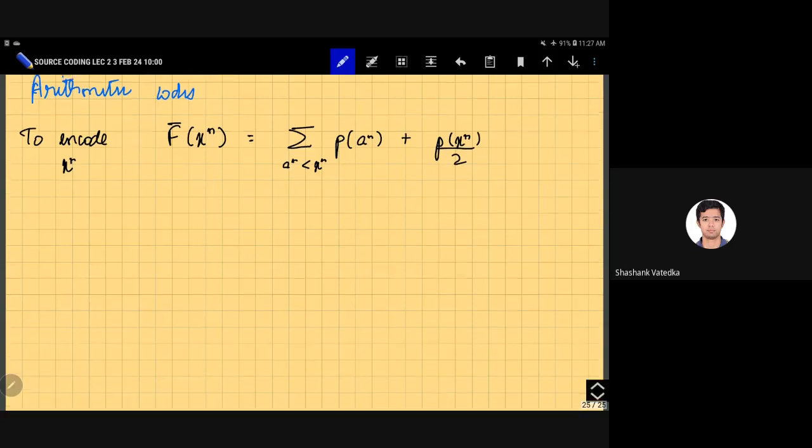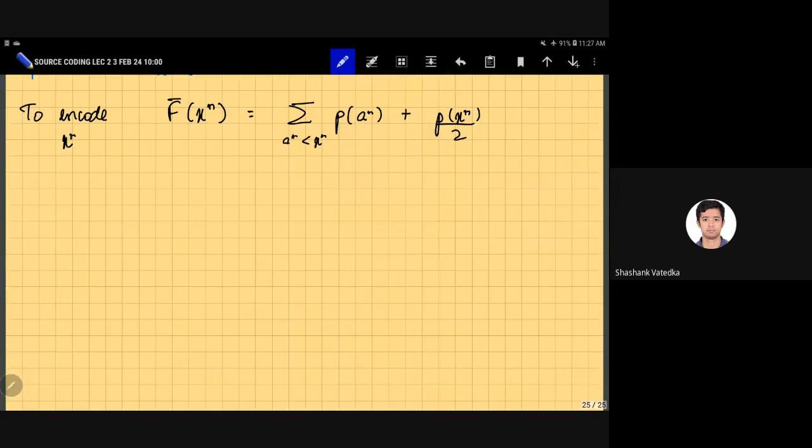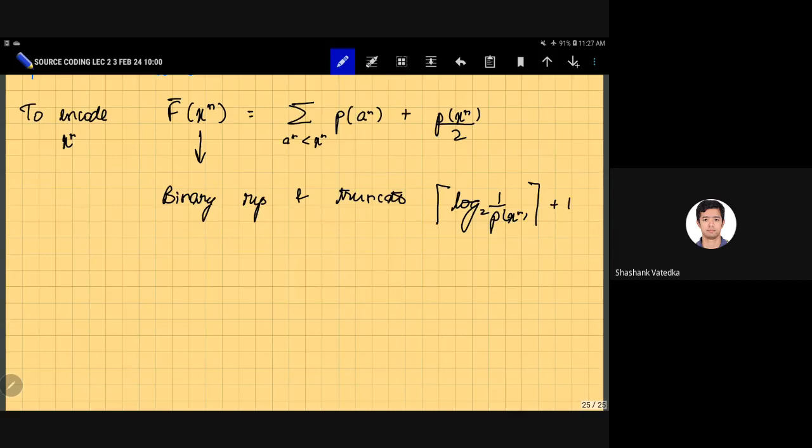So we need to compute f bar of xn and then look at the binary representation, and then truncate, or basically get the first ceiling of log 1 over p of xn, plus 1 bits.